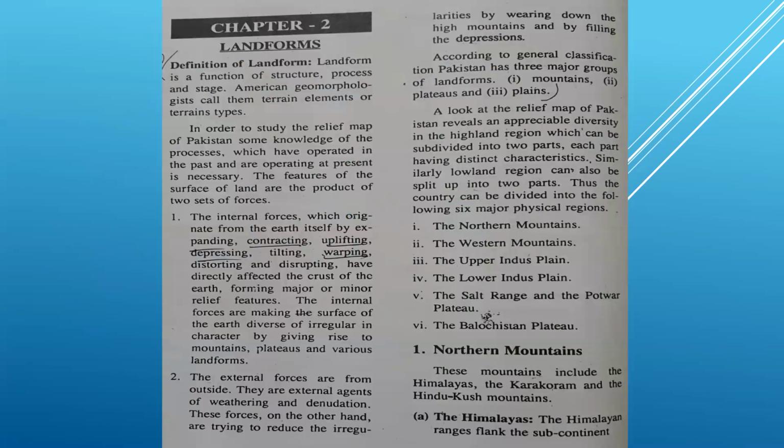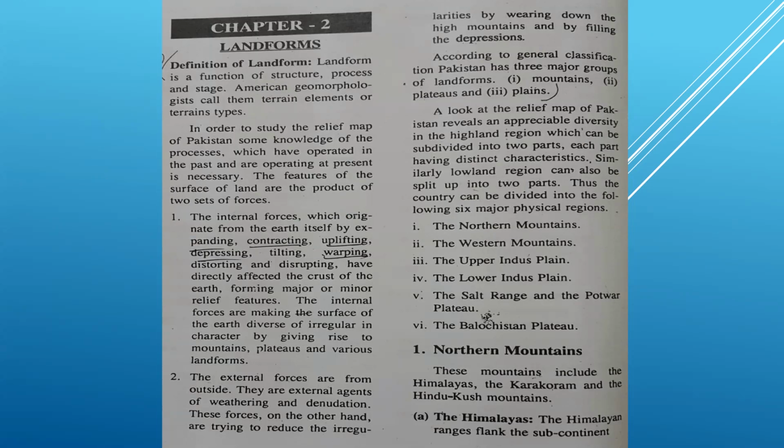Now open your book, page number 10, chapter 2, landforms. Definition of landform. First short question: define landforms. Landform, I told you, is a function of structure, process, and stage. American geomorphologists call them terrain elements or terrain types.